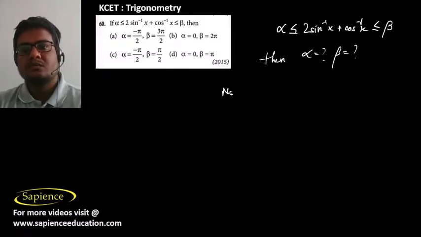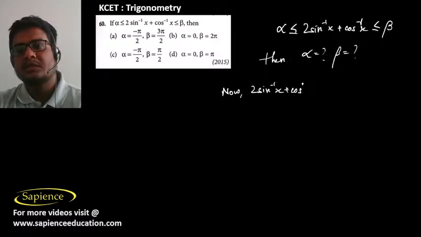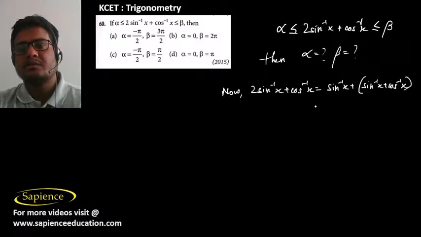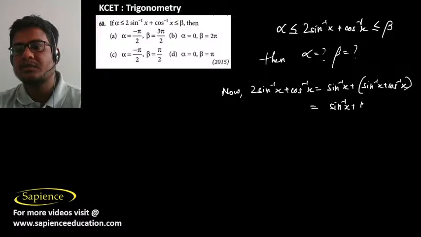So now this 2 sin inverse x plus cos inverse x can be written as sin inverse x plus sin inverse x plus cos inverse x. Now sin inverse x plus cos inverse x is always equal to pi by 2. So this you can write as sin inverse x plus pi by 2.